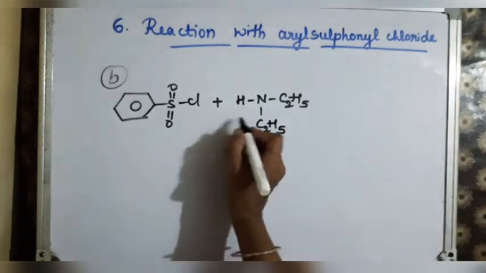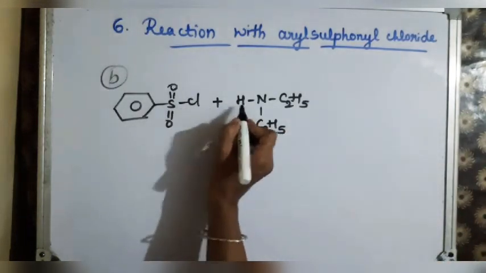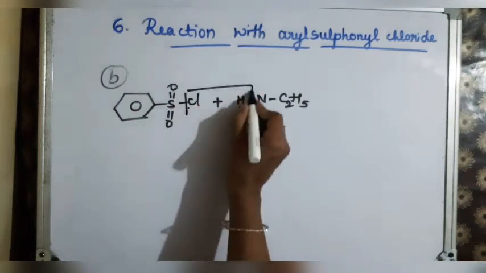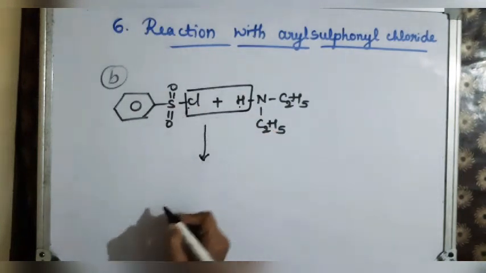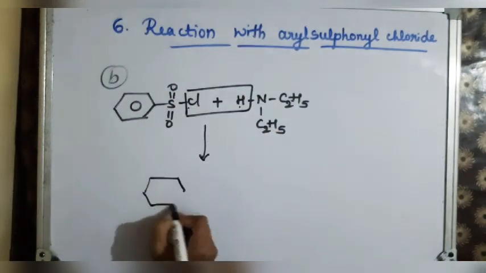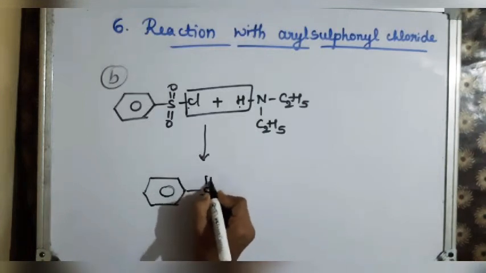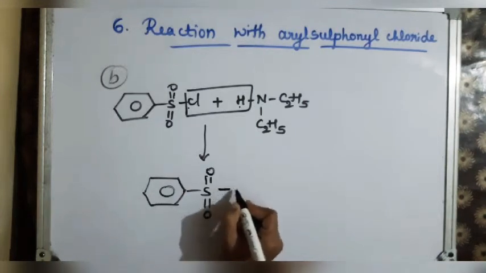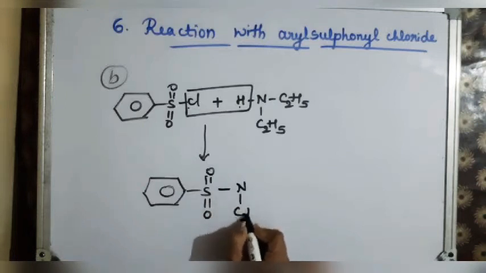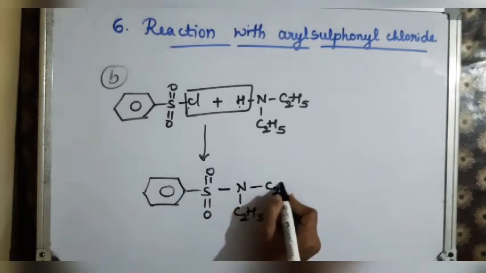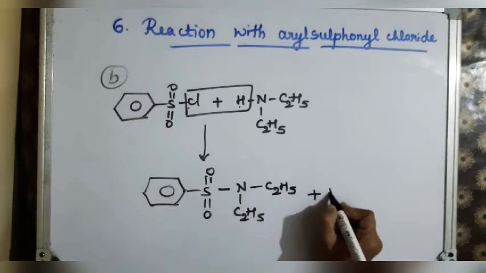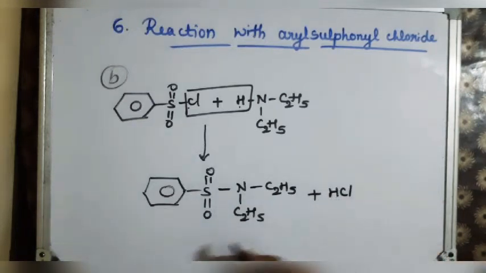When there is a reaction between these two, H and Cl go out as HCl. So there is a formation of benzene with the sulfonyl group connected to the nitrogen, which is having two ethyl groups. HCl is a byproduct.